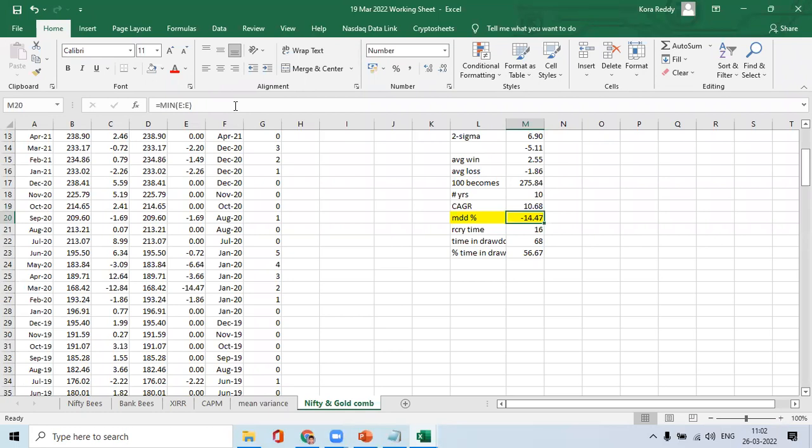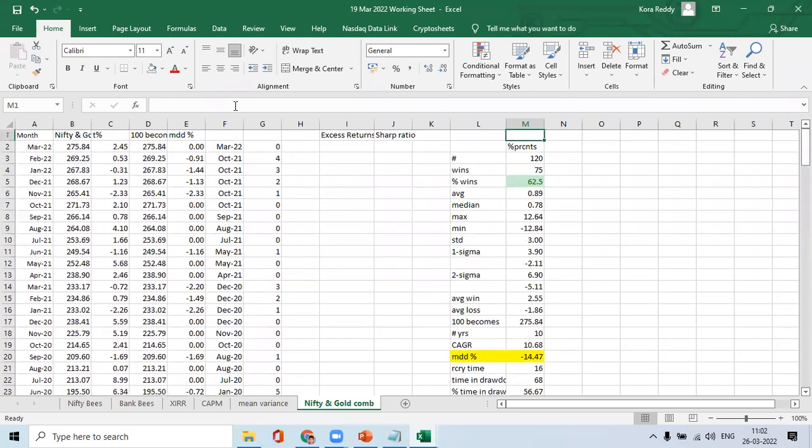Our maximum drawdown, we lost from peak to low at some point of time 14.47%. And recovery time, so from the time of that to come back to our peak equity, we took 16 months. And we spent 68 months in drawdown, which is 56% of the time we spend in drawdown. That is the characteristics of this particular portfolio.